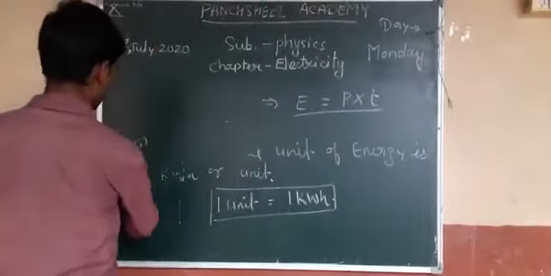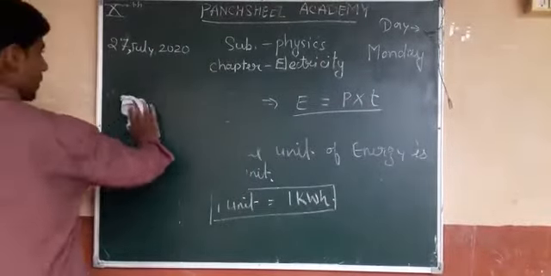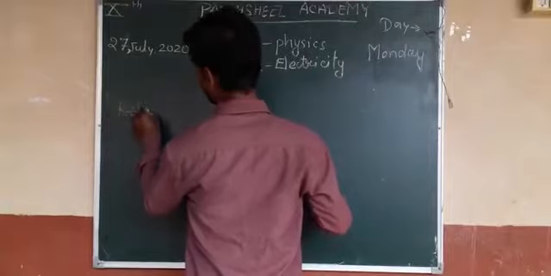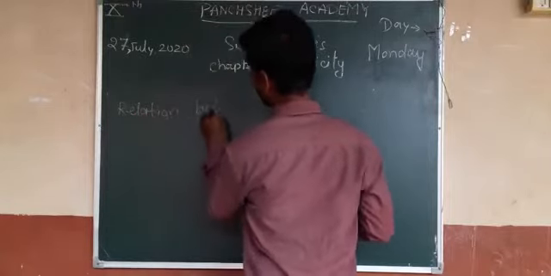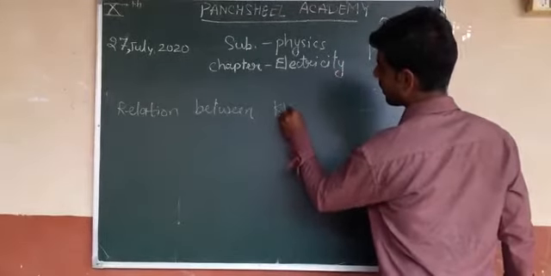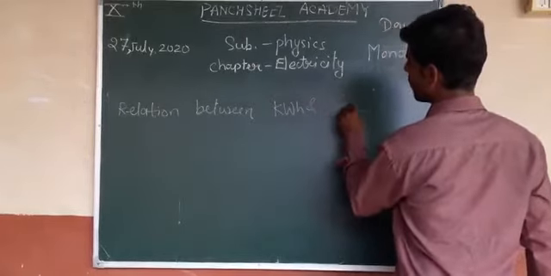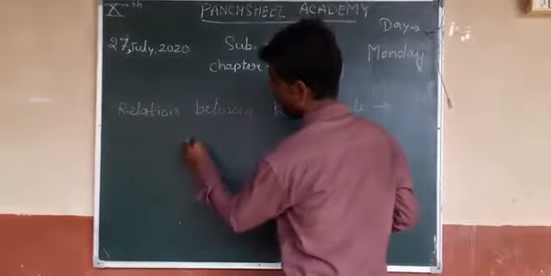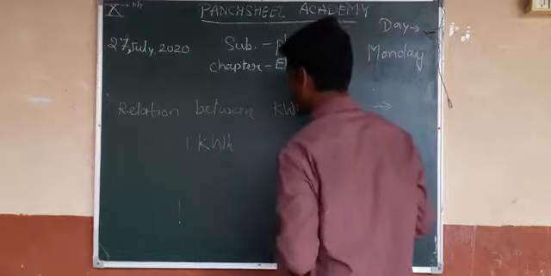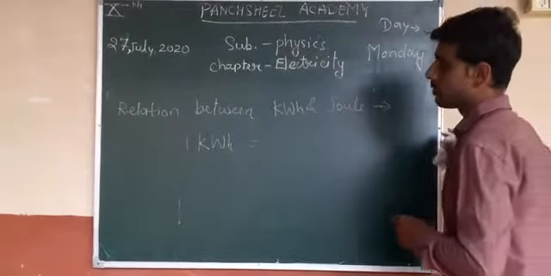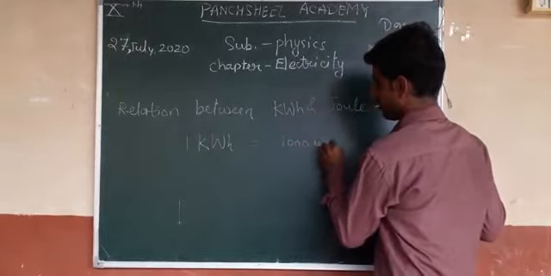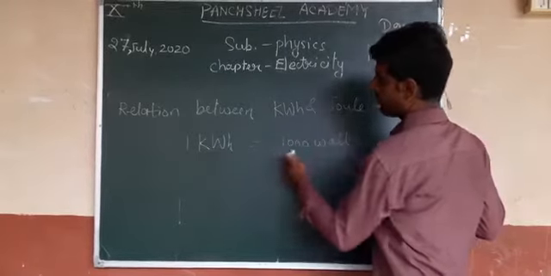You see here, a relation between kilowatt hour and joule. 1 kilowatt hour equal to 1 kilowatt, which means 1000 watt.